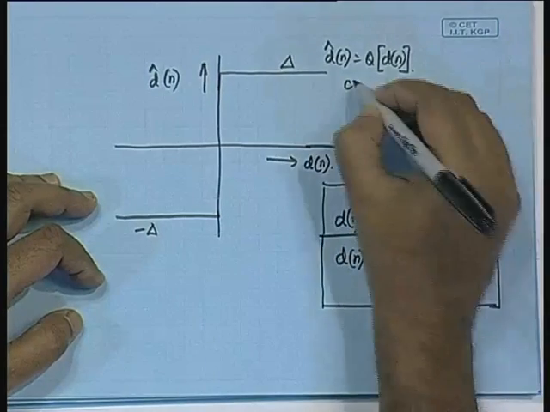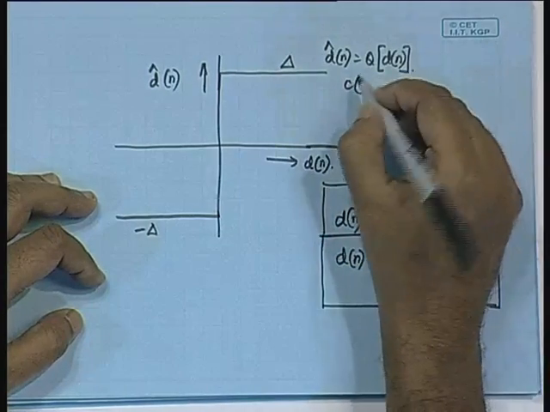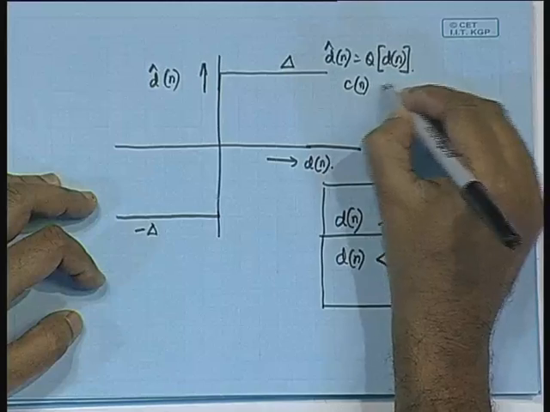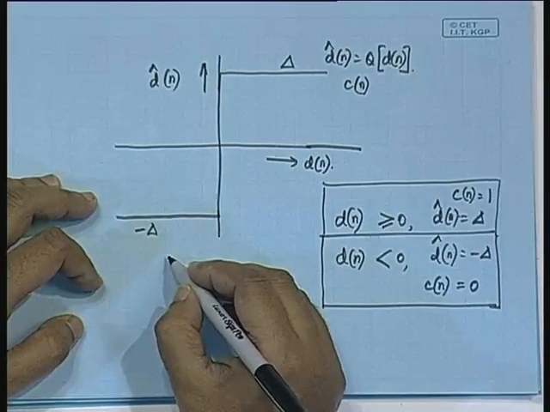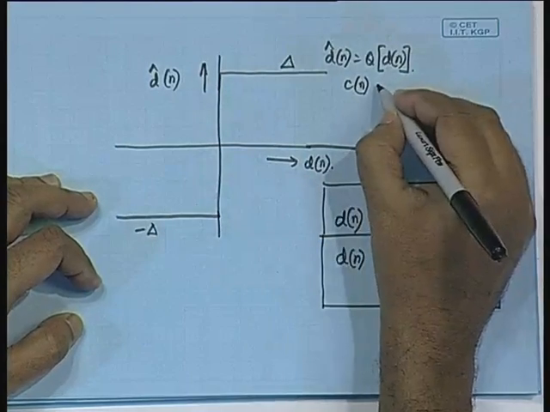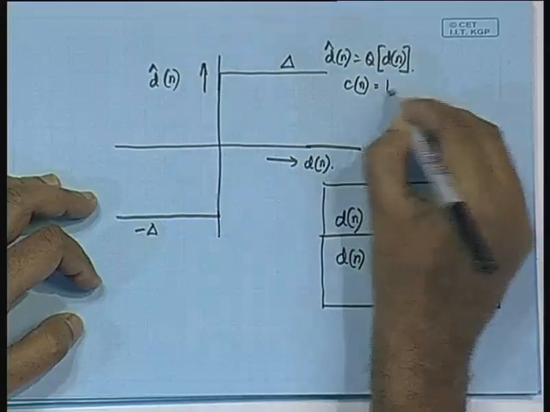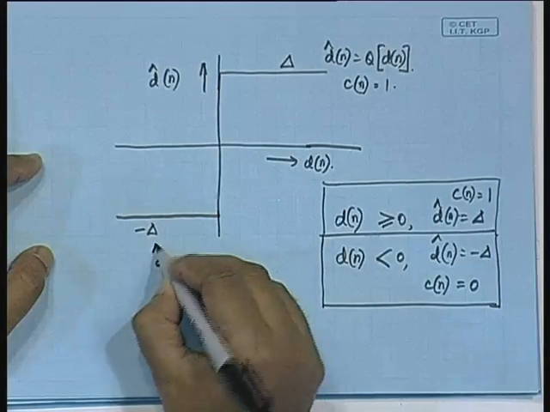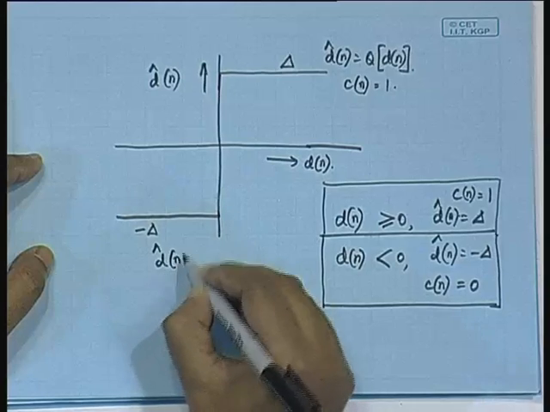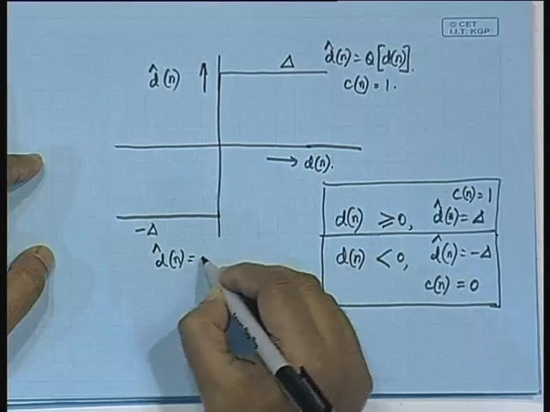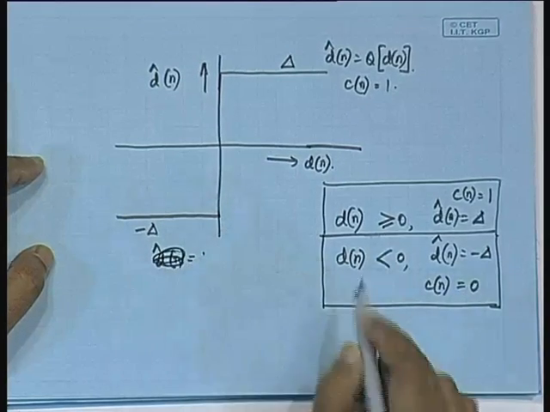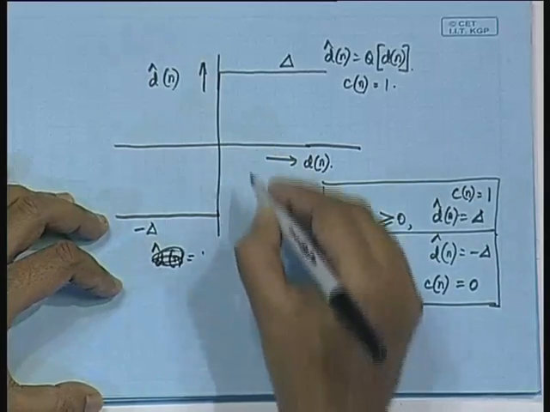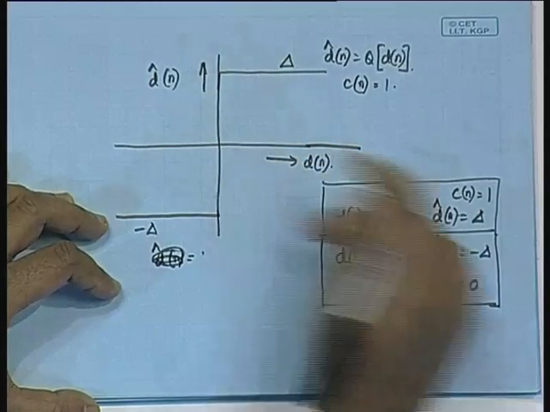If you choose C of n to be 1 over here, then you have to choose this C of n to be 0. If you choose this as 0, then you have to choose this to be 1. So, that's up to the convention, or up to our choice. So, this is the delta modulator characteristic.